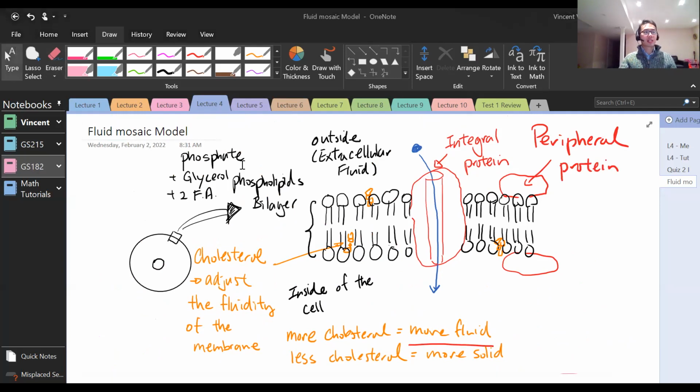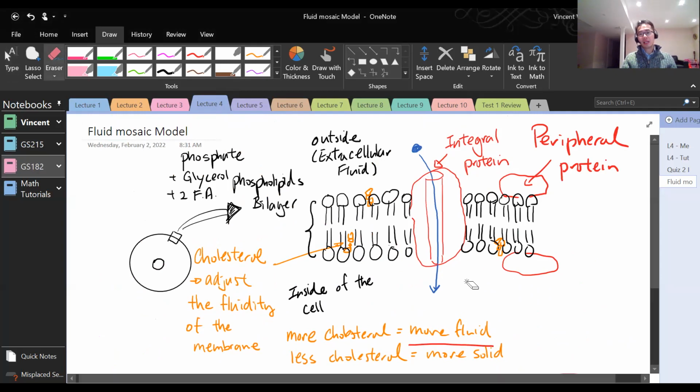One of the functions is that it enables the cell membrane to attach to the cytoskeleton. Remember, we learned about the cytoskeleton last time. There are these actin filaments, and then there are these microtubules. By having some of these proteins, it provides an anchorage point to attach things.